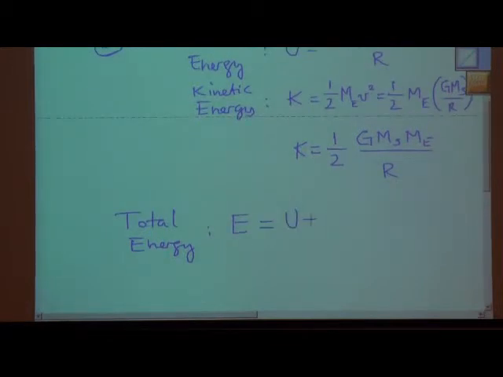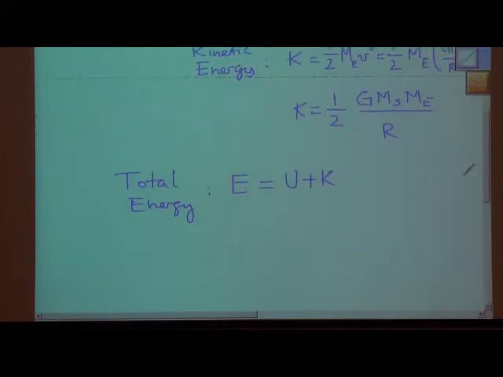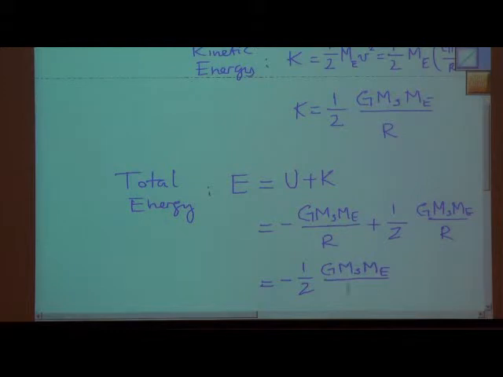That is U plus K. And this is minus G M_E M_S over R plus a half G M_S M_E over R. That will give you a total energy of minus one half G M_S M_E over R.